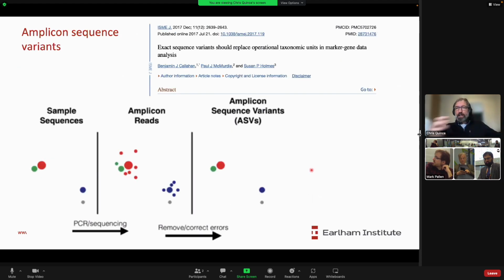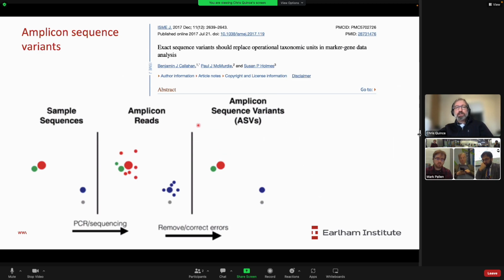Okay, so we can denoise our sequences with DADA. And a result of this is actually people have suggested that we could move away from OTUs entirely. So this is the concept of amplicon sequence variants. So the idea here is that you don't bother forming operational taxonomic units. You just take your sample sequences, you get your reads, and then you form what are called amplicon sequence variants.